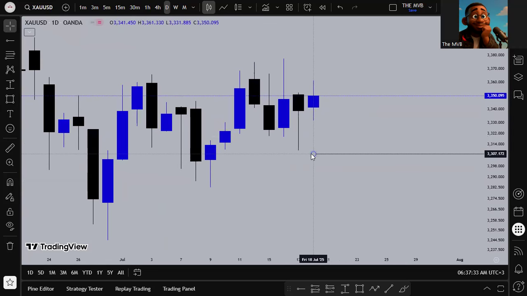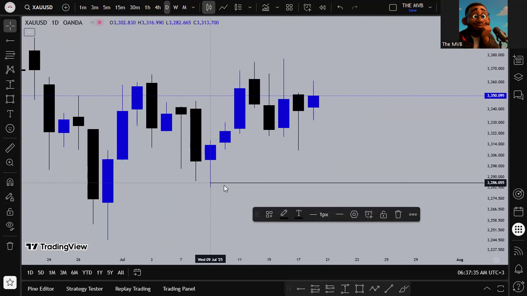Now you can see here, firstly, we had a wick to wick breakout, and the candle broke by wick and closed with a bullish candle.